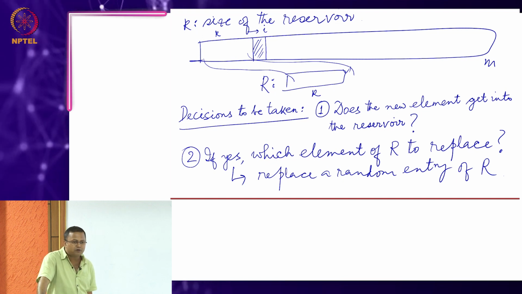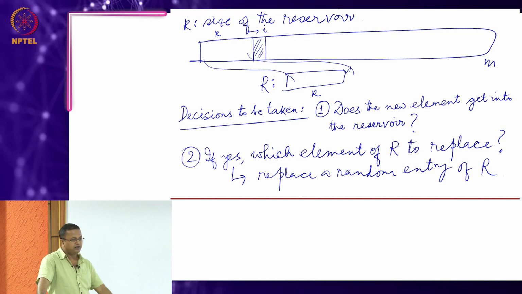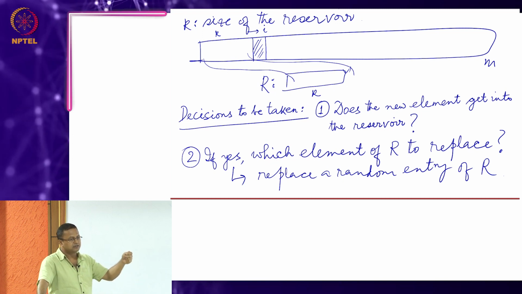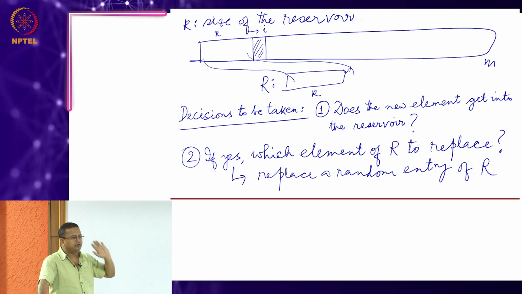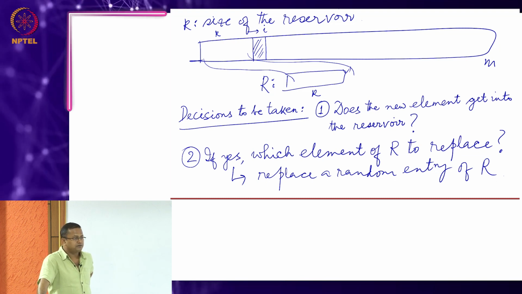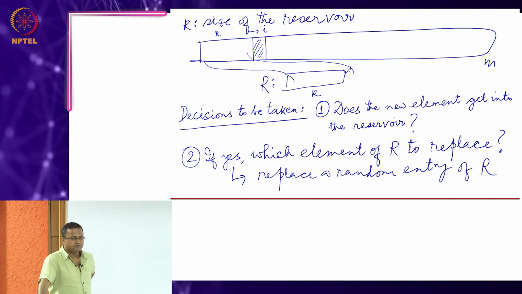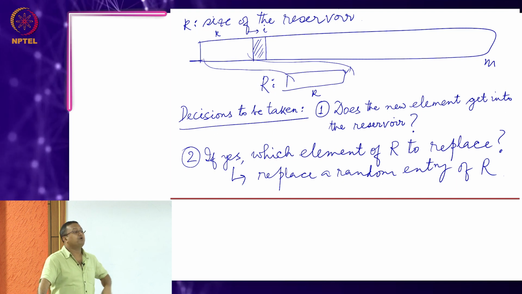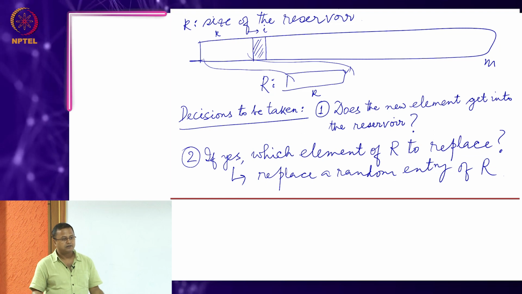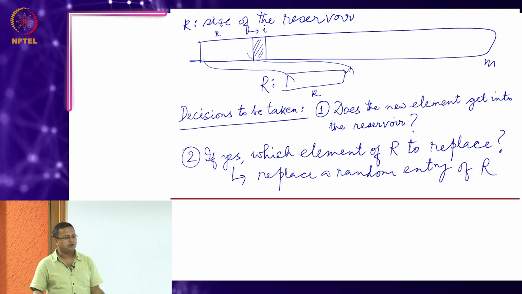So, with a certain probability, I will decide that this element will get into the reservoir. This is not going to be a deterministic decision henceforth. It will be a probabilistic decision. So, what would I say? That with certain probability, put this element into a random entry of the reservoir R.